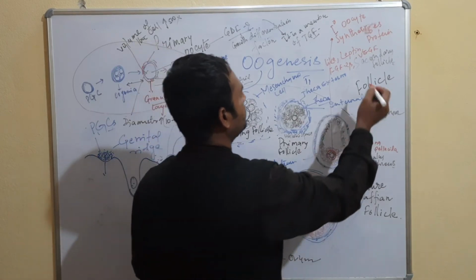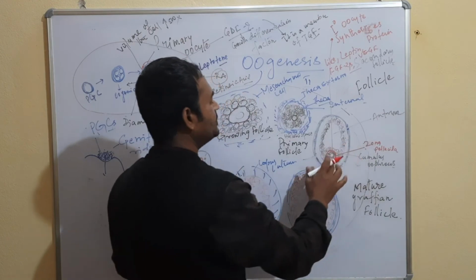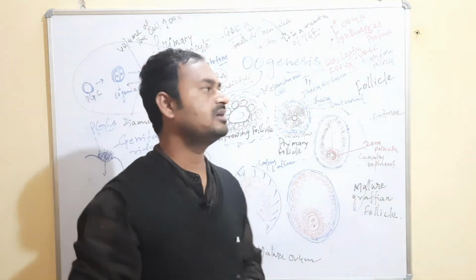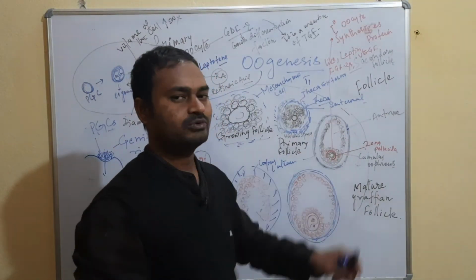Okay, so these are the factors which are synthesized actively with the help of the primary oocyte.